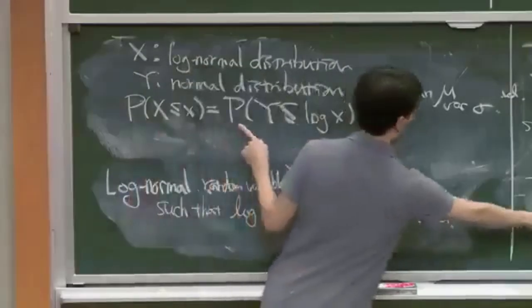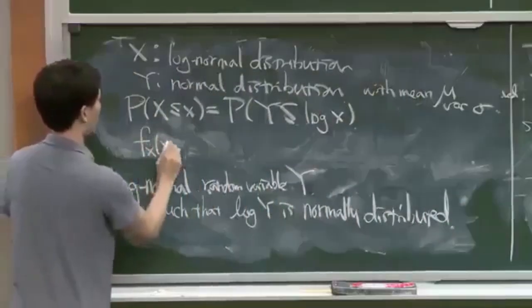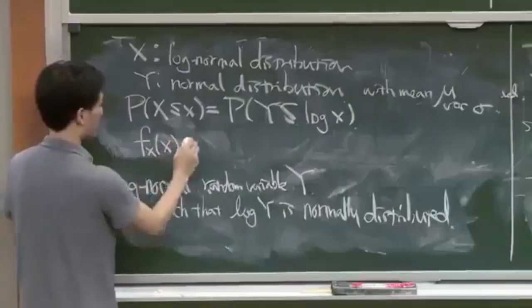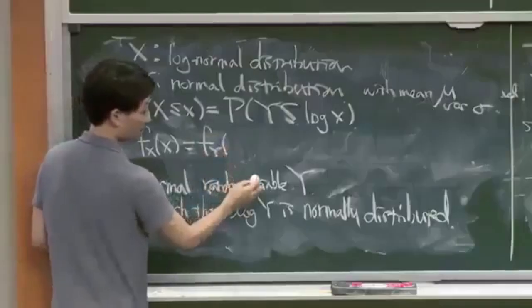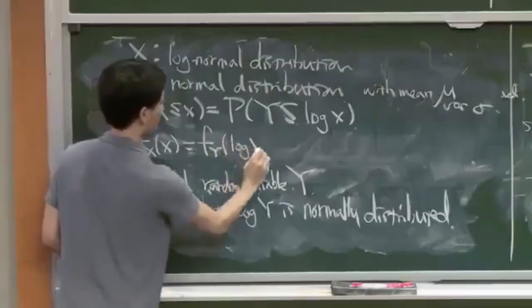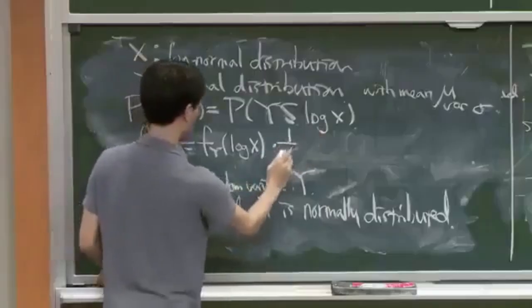Then, by using the change of variable formula, the probability density function of x is equal to the probability density function of y at log x, times the derivative of log x, which is 1 over x.